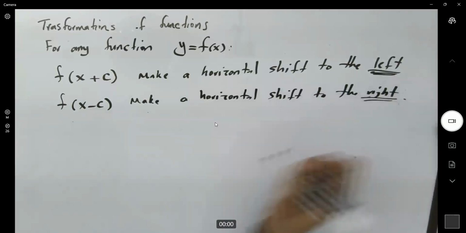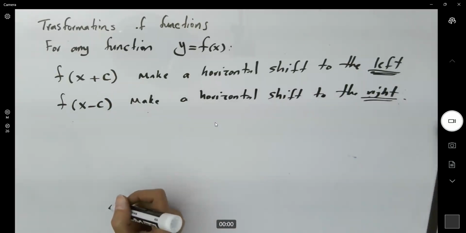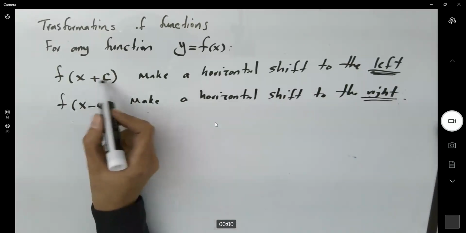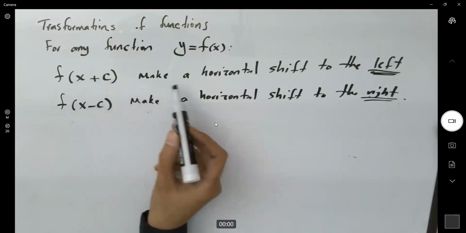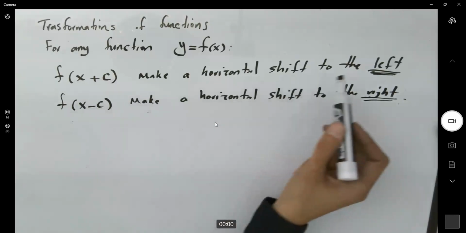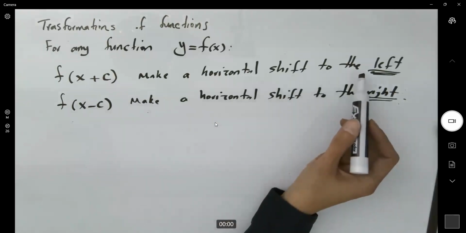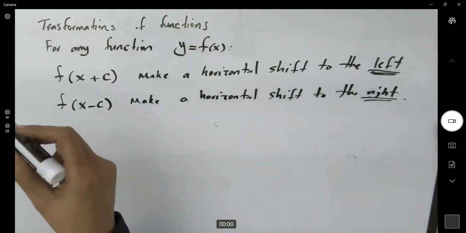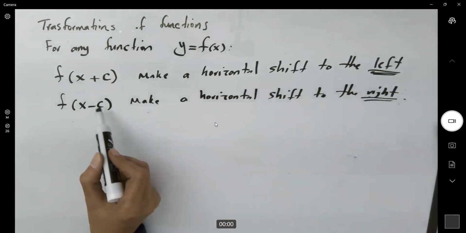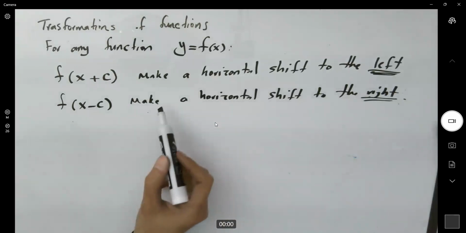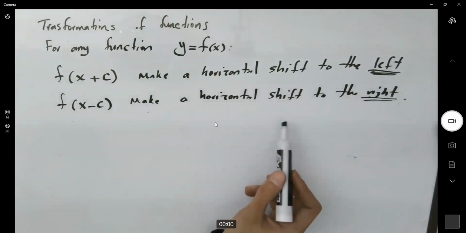Wow, okay, nice observation. If I add a positive number to my x value, it makes a horizontal shift to the left. My graph runs away to the left. But if I subtract a positive number from x, it makes a horizontal shift to the right-hand side.